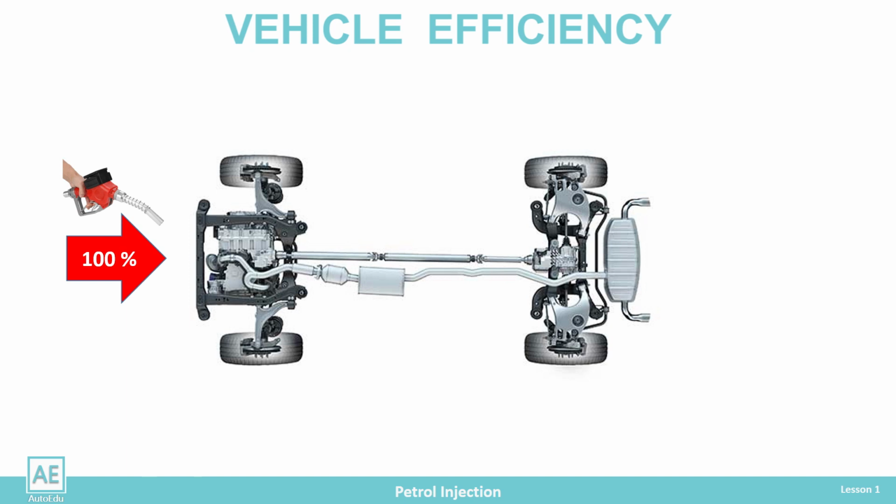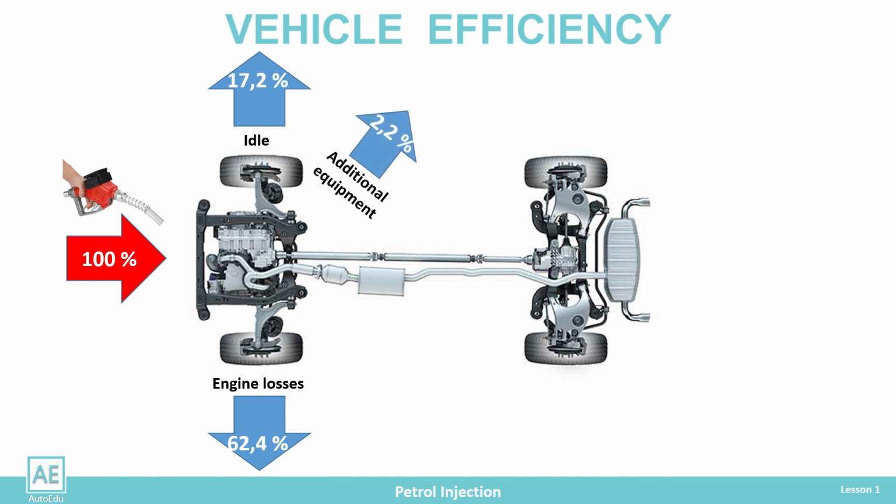First, let's see what the losses are on the vehicle. The petrol engine is used to convert fuel energy into the motion of the vehicle. At the start, the biggest losses are in the engine, which is over 60%. A large part of the energy is spent idling the engine when the vehicle is stationary. A part of the energy is used to operate additional equipment on the vehicle.